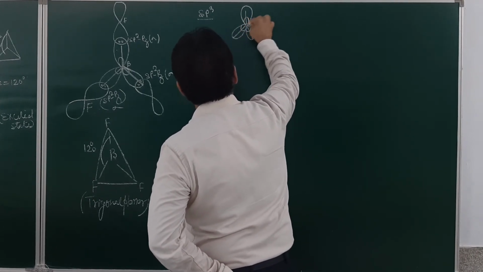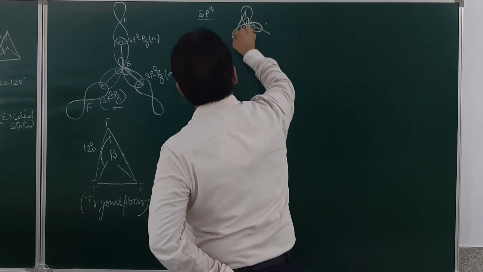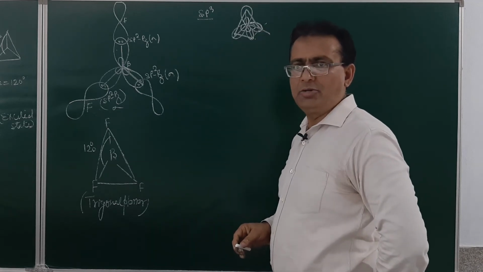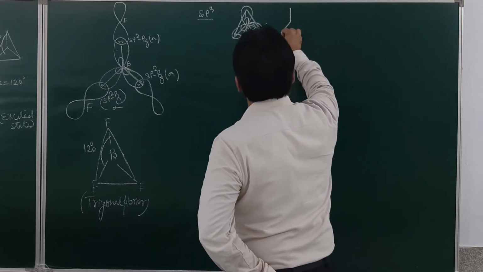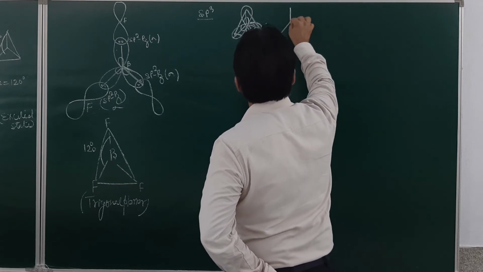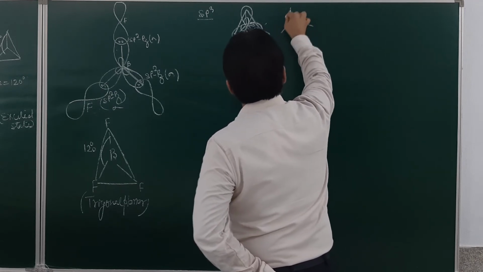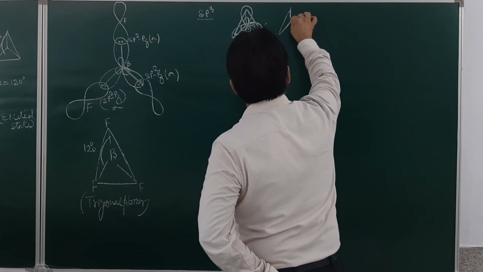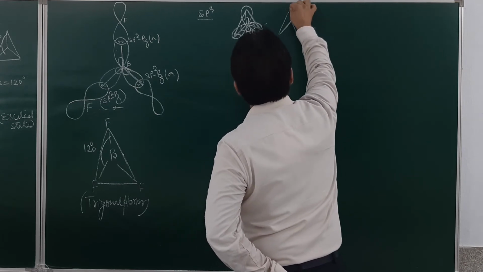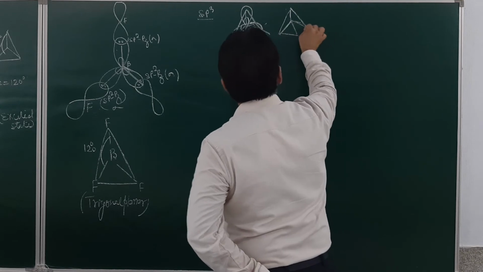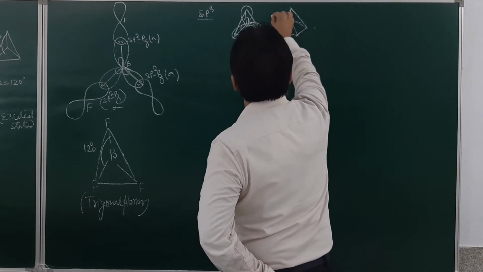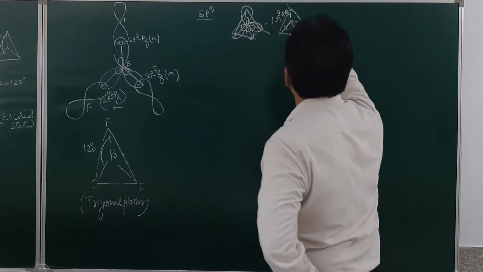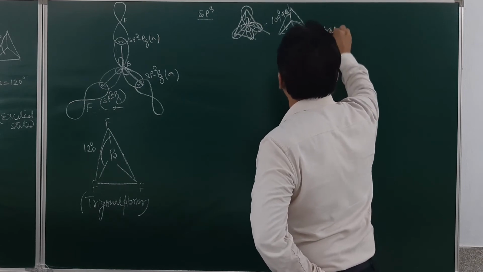They will adopt a tetrahedral geometry. The bond angle over here will be 109 degrees 28 minutes, and the geometry is tetrahedral.